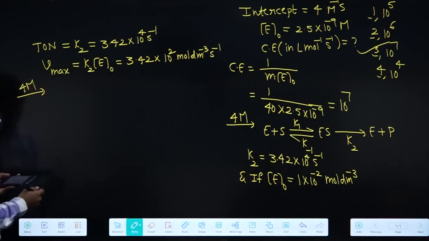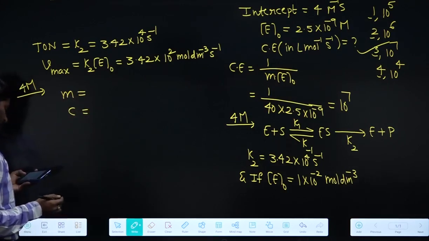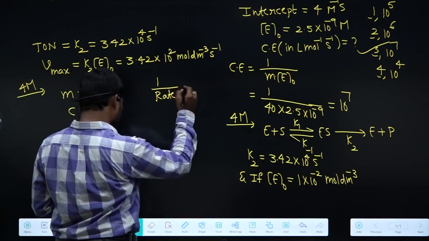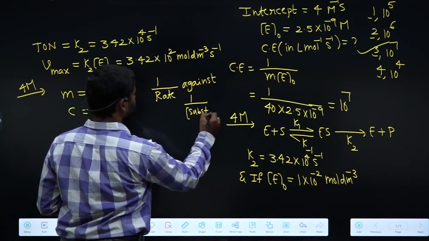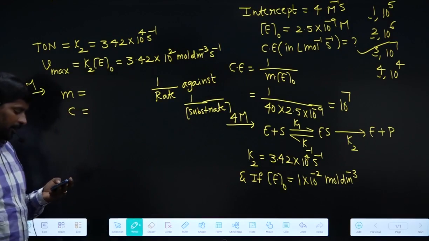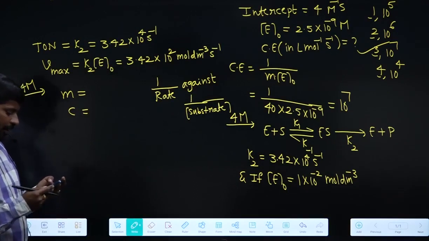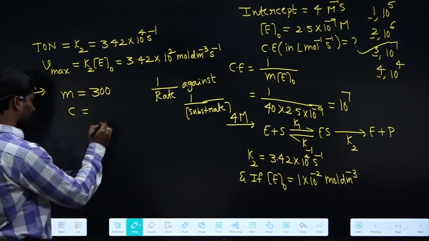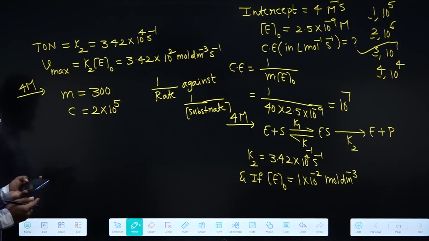This is given for 4 marks. Slope and intercept are obtained from 1 by rate against 1 by concentration of substrate of an enzyme catalyzed reaction, and they are 300 and 2 into 10 power 5 respectively.